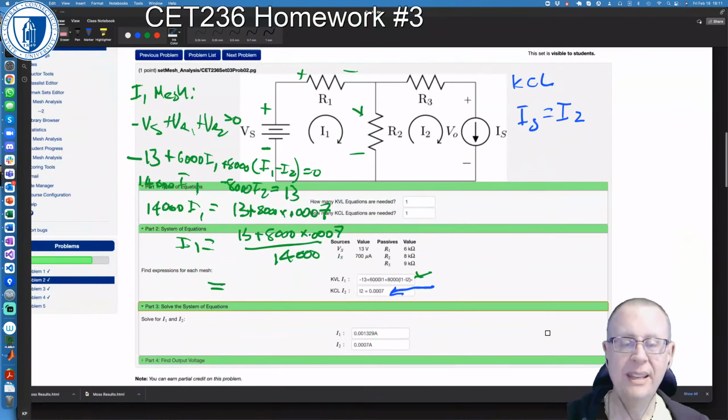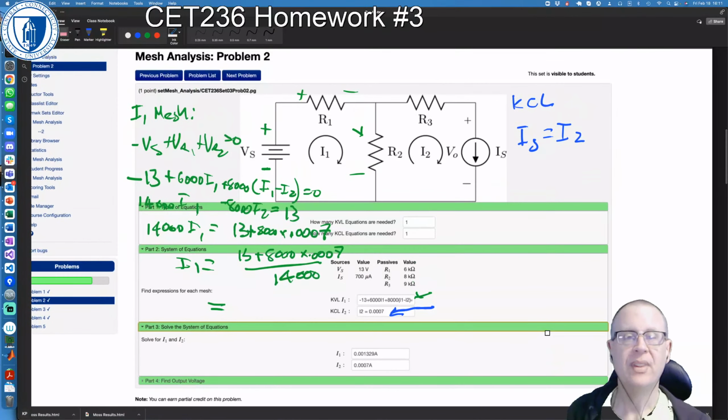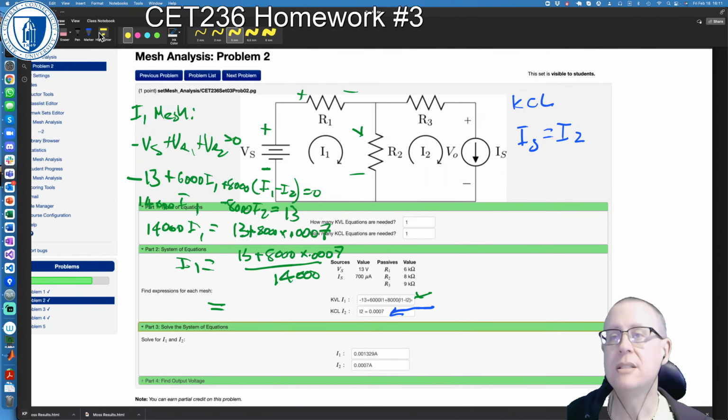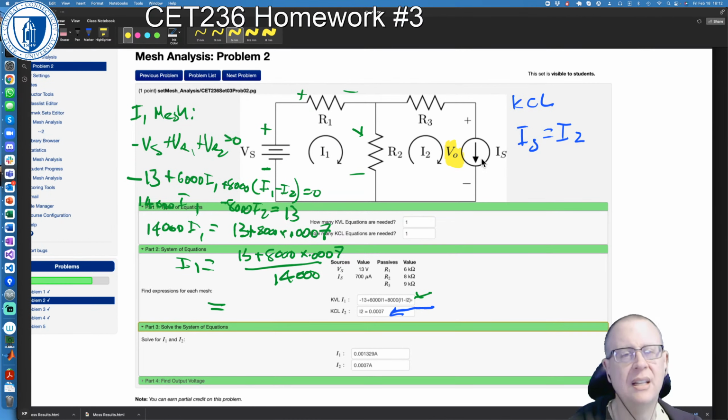So now back here, the question is a bit different, because it's still the same question, what's the output voltage, and the output voltage is here. But now all we know is that it's the voltage across the current source.